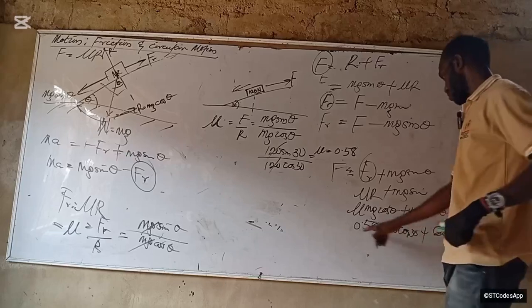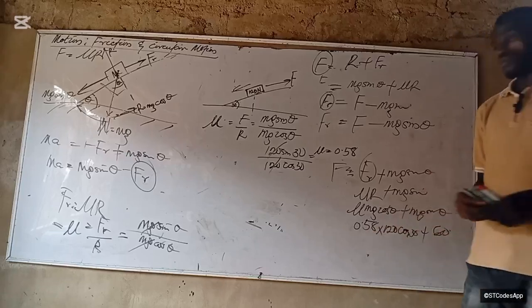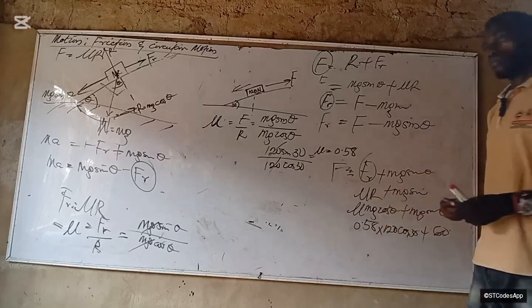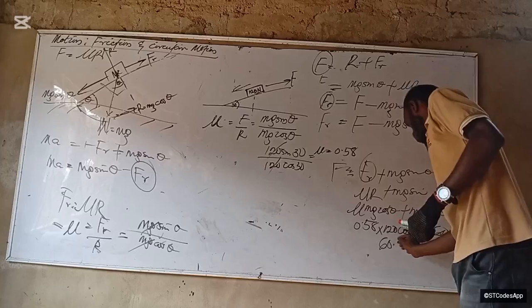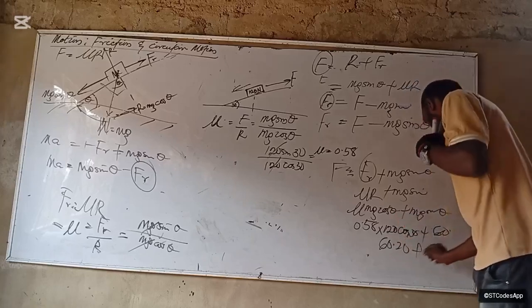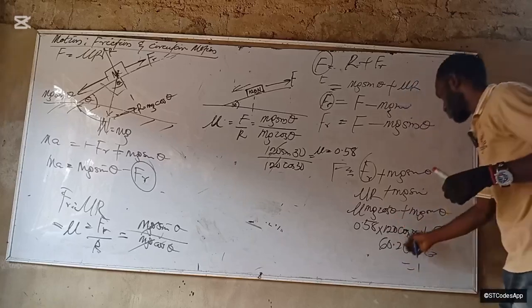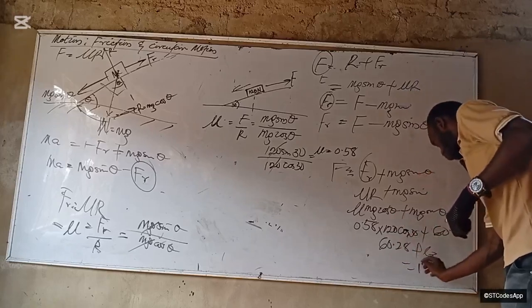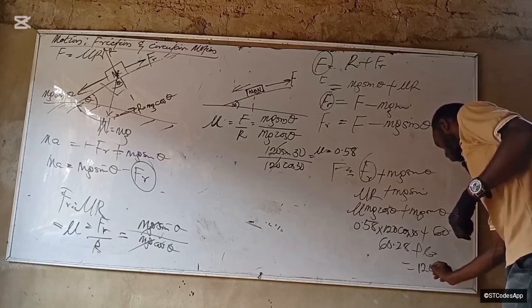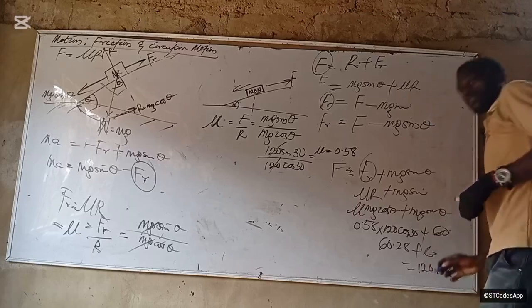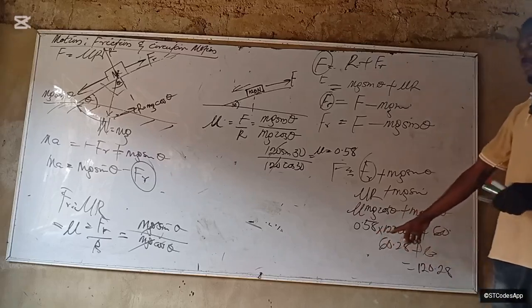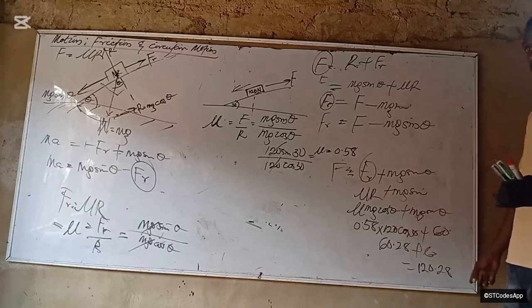60 plus, so do this. 120 cos theta times 0.5, 60.20 plus 60, 27, 28. So that becomes 120.28. Is this correct? 0.58 times 120 times cos.